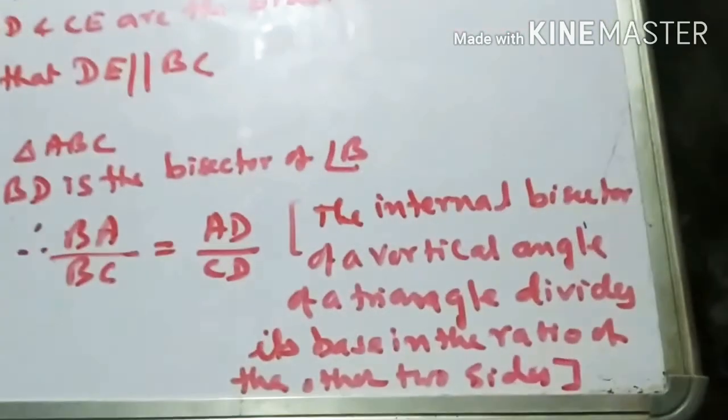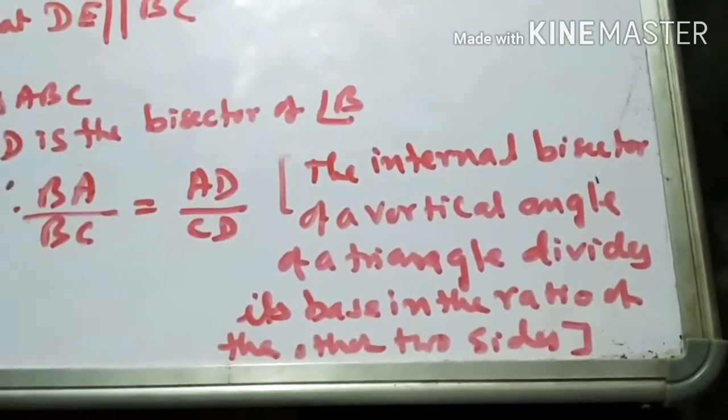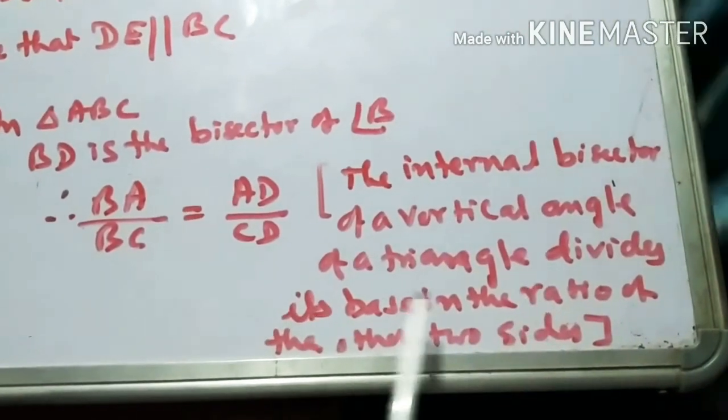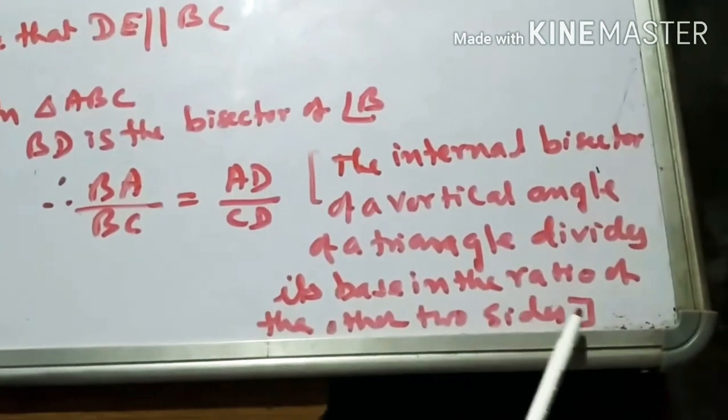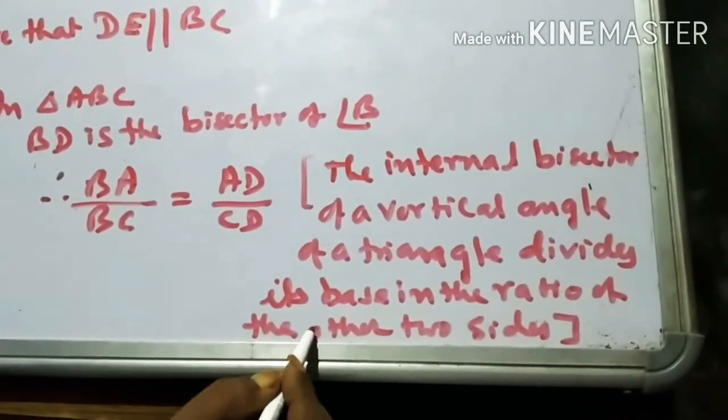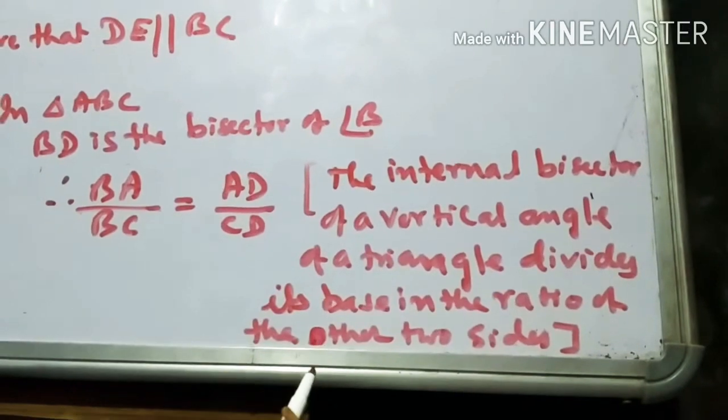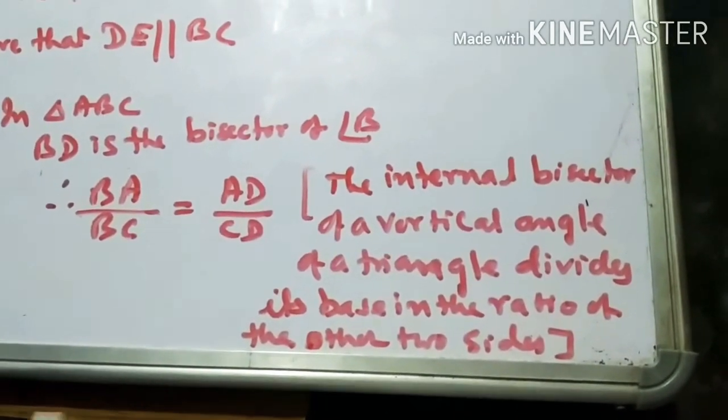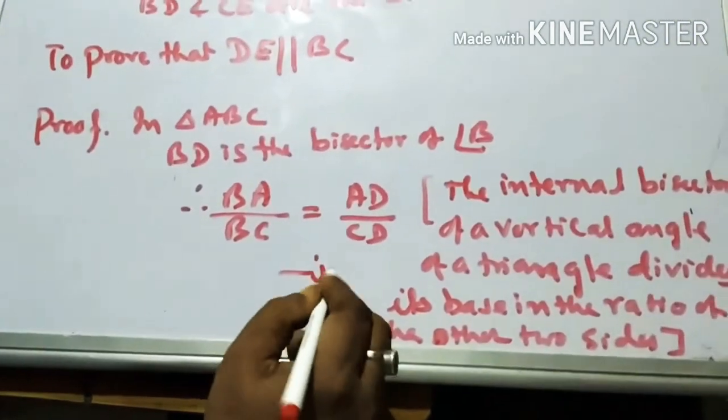This theorem is in class 10. The internal bisector of a vertical angle of a triangle divides its base in the ratio of the other two sides. This is equation 1.